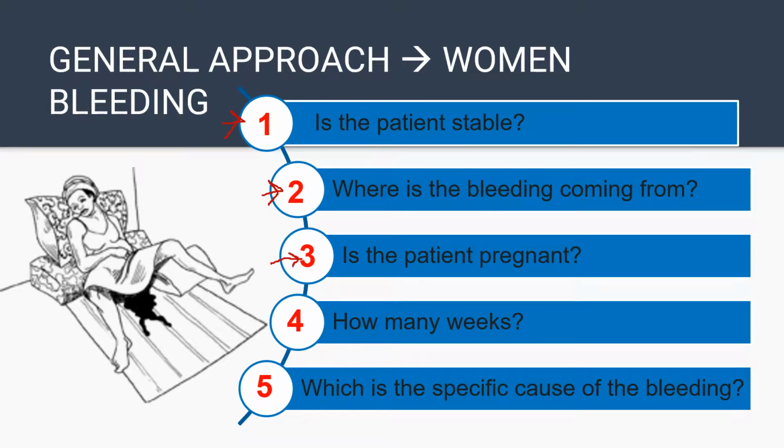After that, check if the patient is really pregnant or not. In APH, the patient now is more than 28 weeks, so it's very obvious. You can see the uterus and everything. But here, you need to check if there is something inside the uterus that is alive. So you need to check if there is a fetal heart rate, because that shows you that the patient has a viable pregnancy. You can confirm that with a scan.